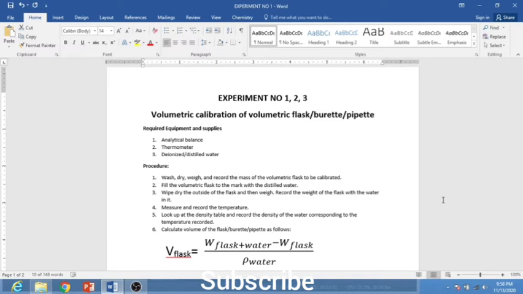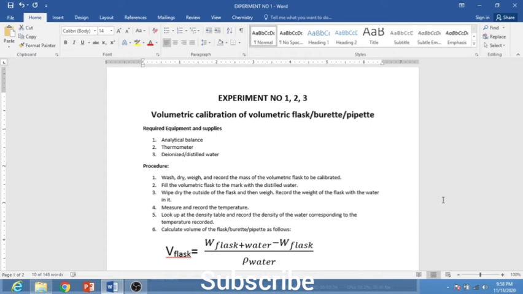We will not use beakers to prepare any solution in pharmaceutical analysis, because in beakers the measurements are not accurate. So keeping in mind these things, we will start our experiment, which is volumetric calibration of volumetric flask, burette and pipette.